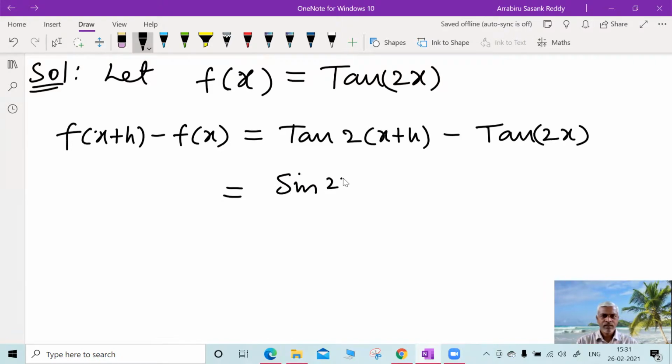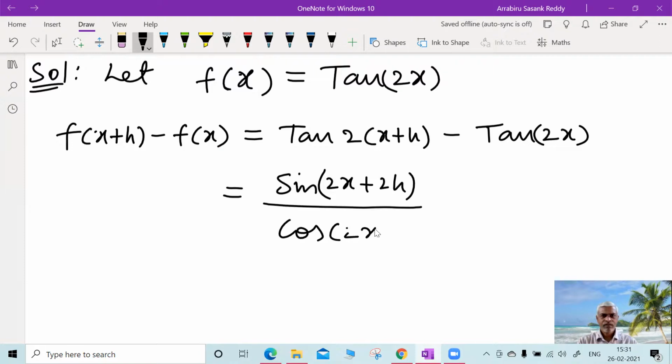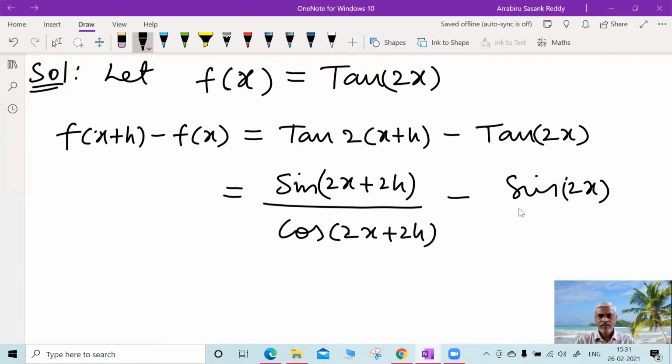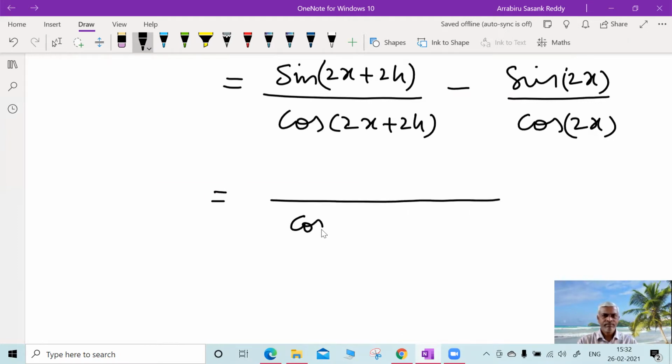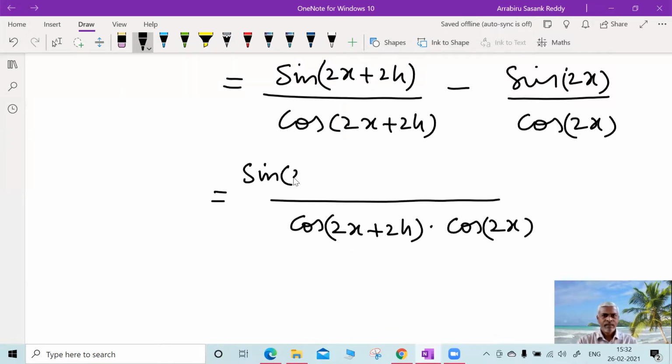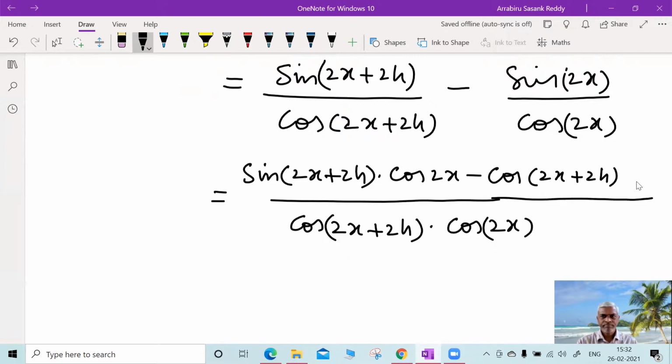Now you can write it as sine 2 into x plus h by cos 2 into x plus h, minus sine 2x by cos 2x, and taking the LCM, cos 2x cos 2x plus 2h, cross multiplying: sin 2x plus 2h into cos 2x minus cos 2x plus 2h into sin 2x.